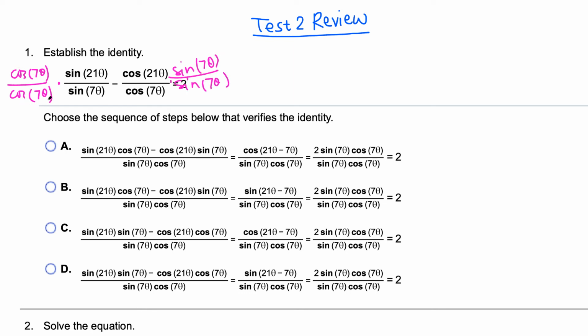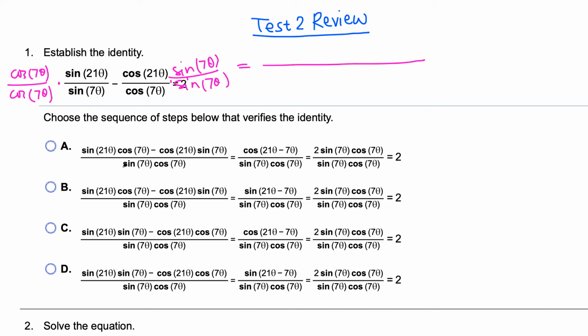That makes the common denominator sine 7 theta cosine 7 theta, for all 4 cases. Okay, on the top we have cosine 7 sine 21 minus cosine 21 sine 7.